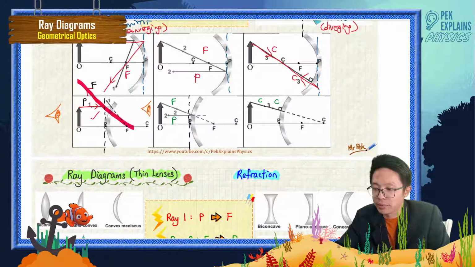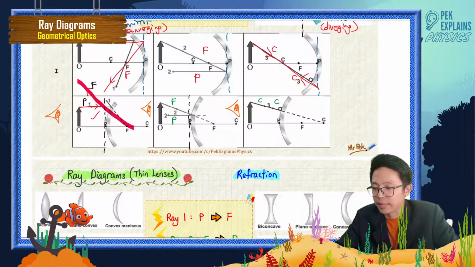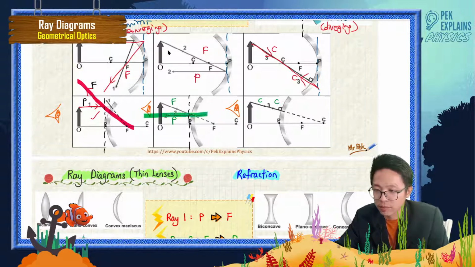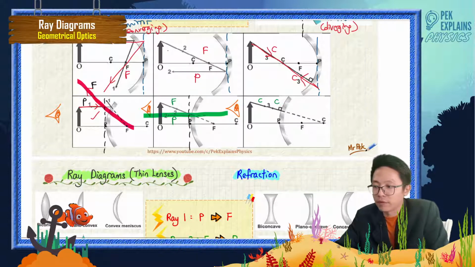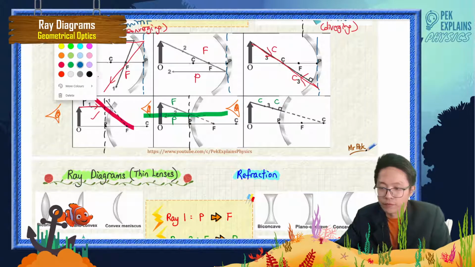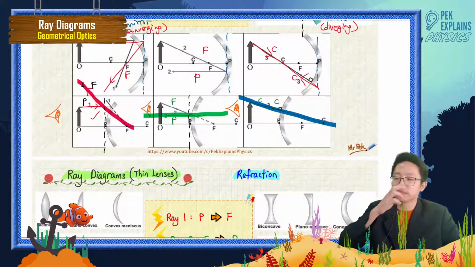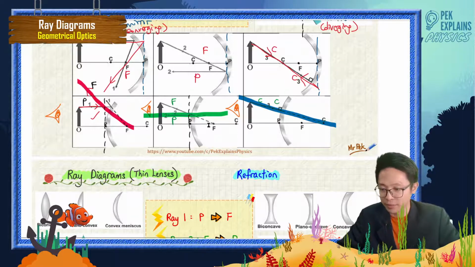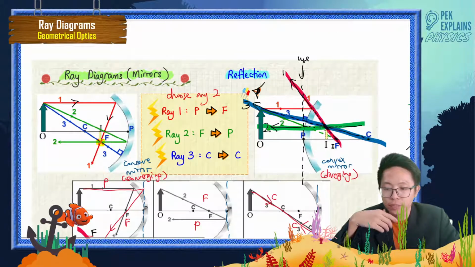So the light I see comes from here, and I also see this second ray as coming from here. Understand that? And then the third ray, I think it comes from here, towards the center of curvature. That's it. So these are the three rays. These three rays form the image.